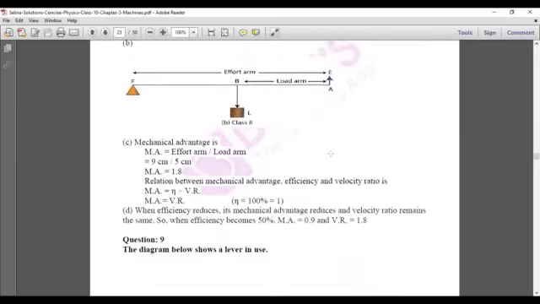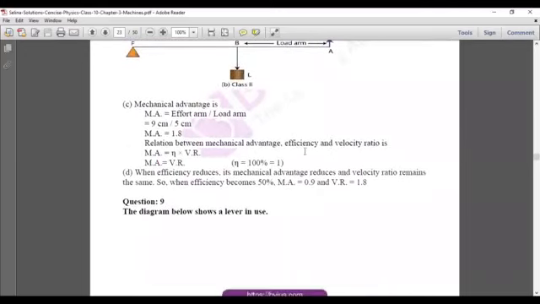Mechanical advantage is effort arm divided by load arm. Effort arm is 9 centimeter and load arm is 5 centimeter. So the mechanical advantage is 1.8. The relationship between mechanical advantage, efficiency and velocity ratio is mechanical advantage is equal to eta into velocity ratio. As the efficiency is 100%, it means it is 1. So mechanical advantage is equal to velocity ratio.